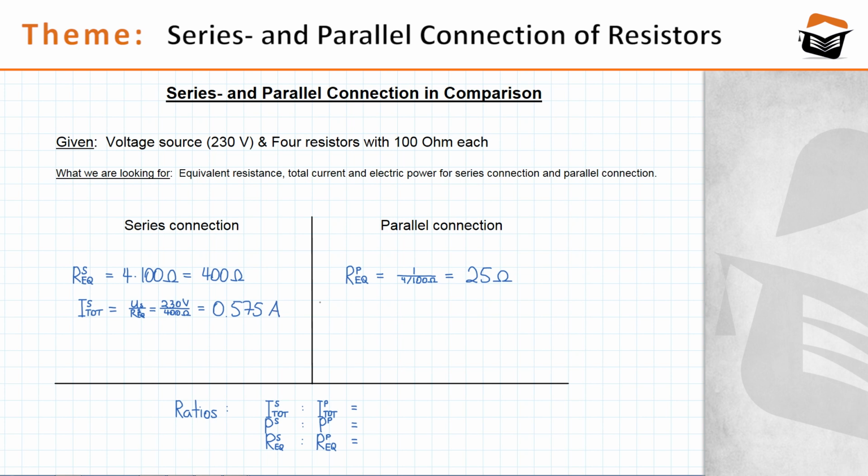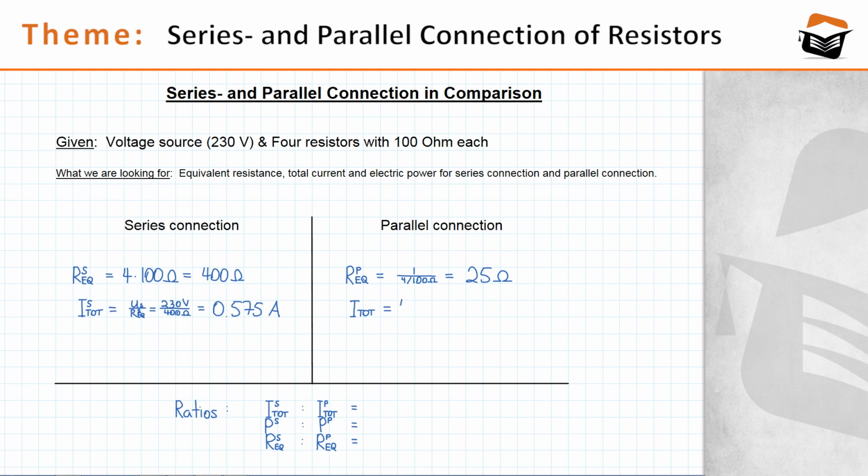For a parallel connection, the formula for the total current is identical. You need to know, though, that in a parallel connection, the total current is not the current running through each individual resistor. We had that in the video that dealt with the parallel connection. So we are computing the total current that is drawn from the voltage source.